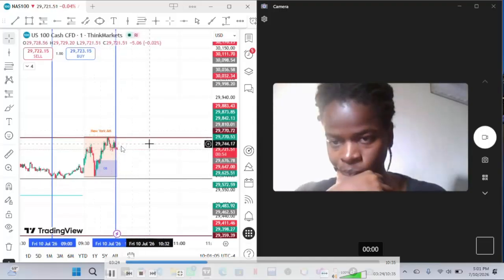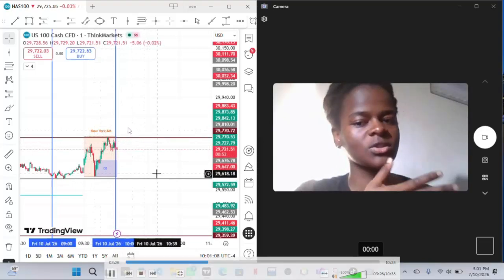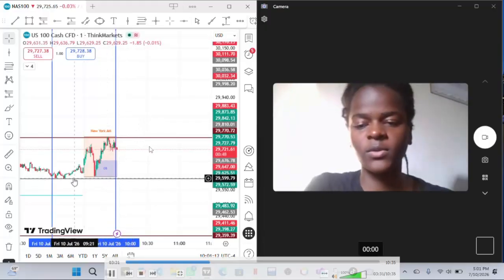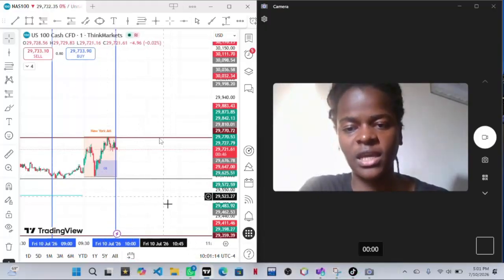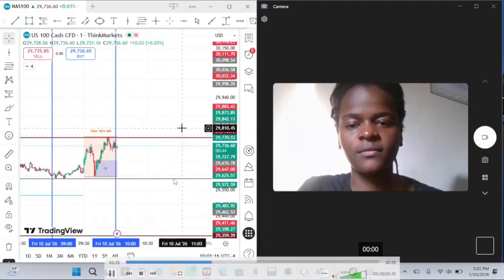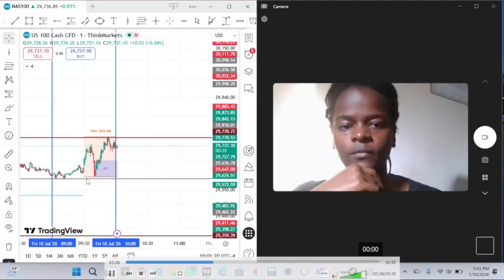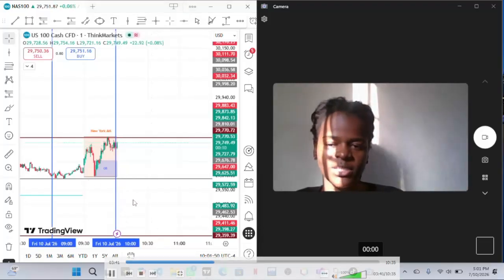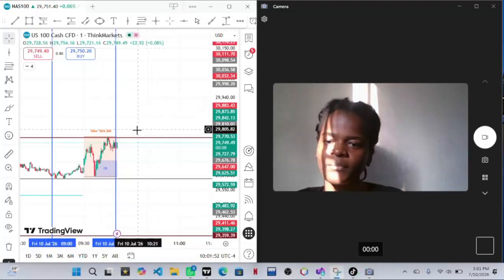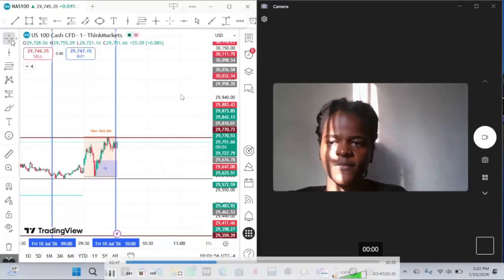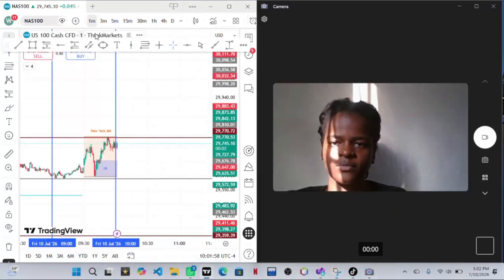If I saw price moving above this high, I would expect it to close below it, do some little retest, and go further down. And if the price was to go below this low, I was expecting it to come back above, retest a little bit, then rally up. That was my expectation at the time.